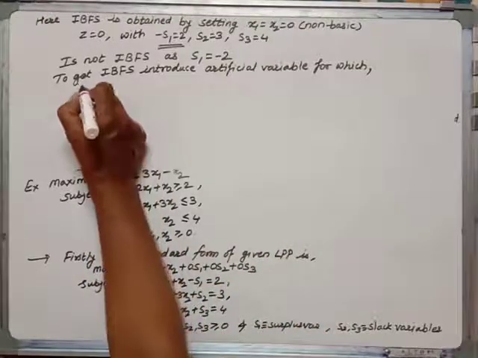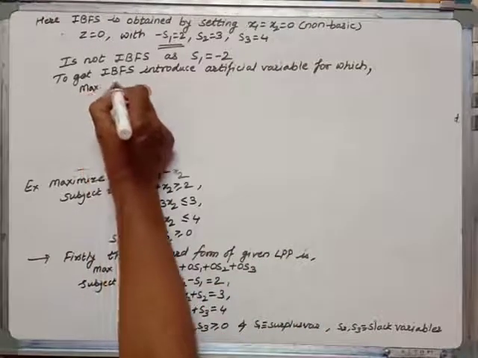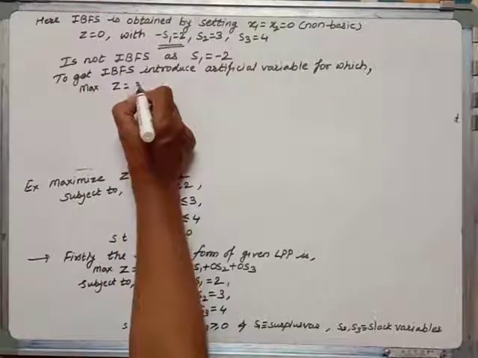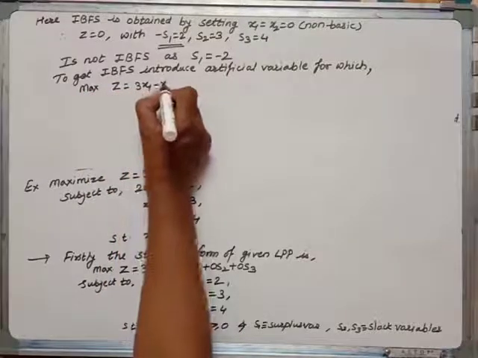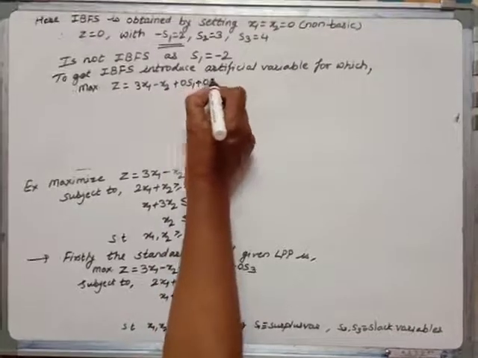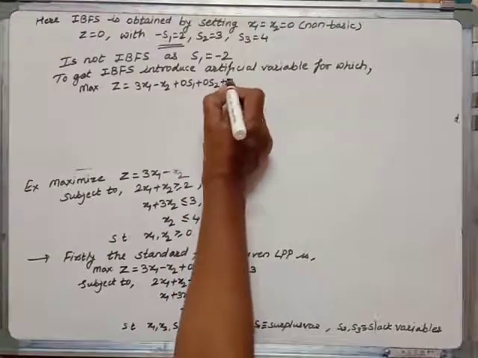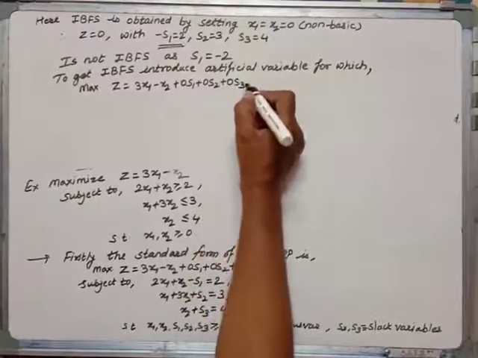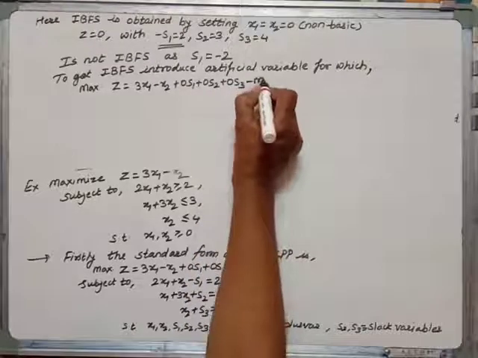So it will become maximize z equal to 3x1 minus x2 plus 0s1 plus 0s2 plus 0s3 minus MA.